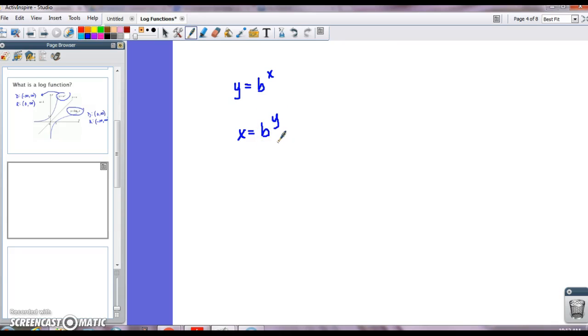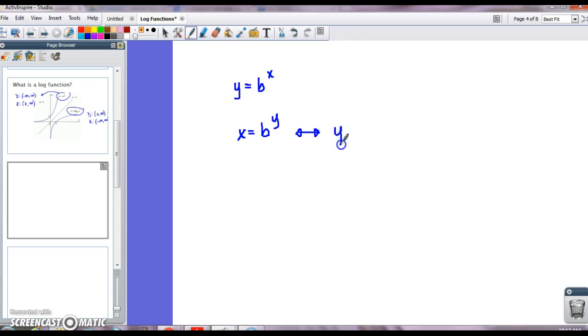The problem is I don't know how to solve for y when y is my exponent. And so that's where the whole idea of logs comes in. I can rewrite this. And in words, I'm saying y is the exponent of base b that gives me x.